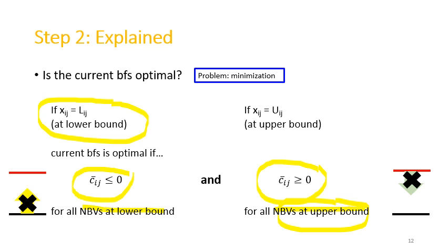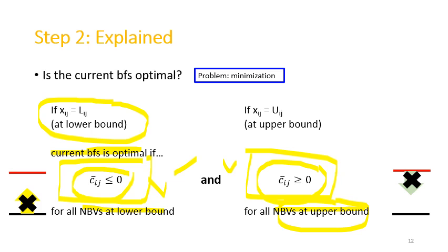It means that anytime we have this condition for non-basic variables at lower bound and this condition for non-basic variables at upper bound, the current BFS is optimal. If either is not satisfied, as I said before, our current BFS is not optimal.